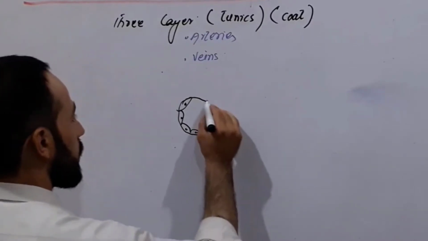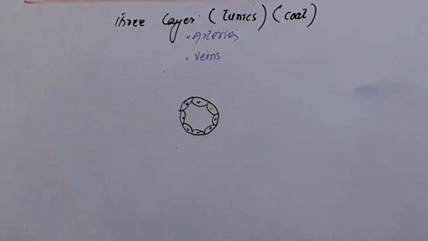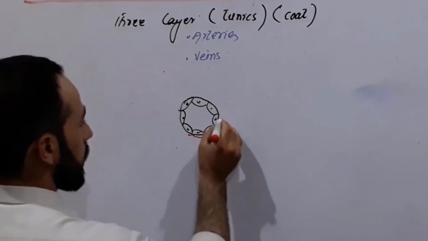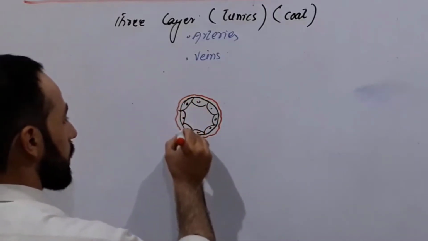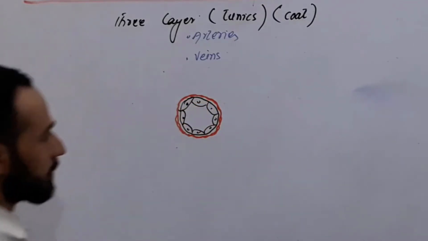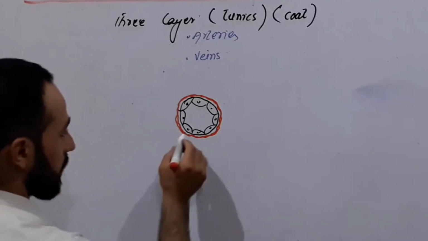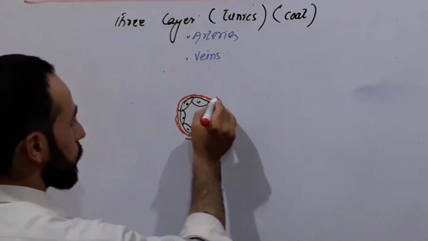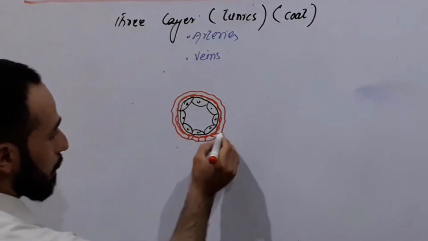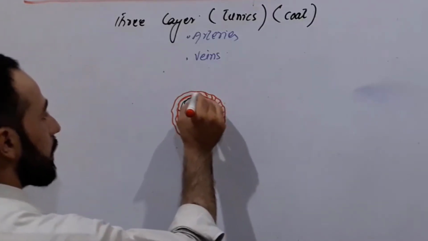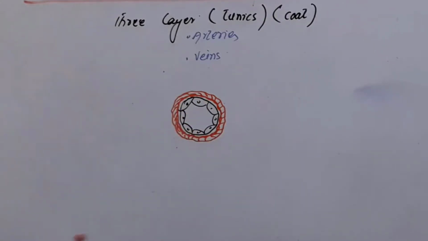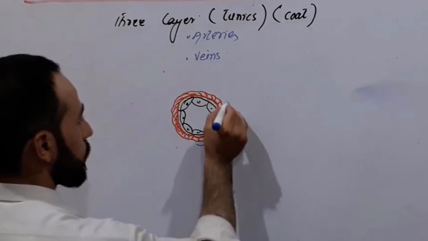Then above this there is another layer, the second tunic, or coat, and then there is the third tunic or coat. It's a very simplified diagram.